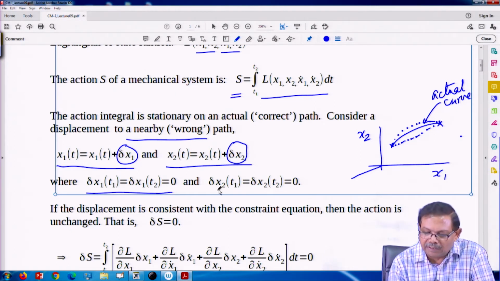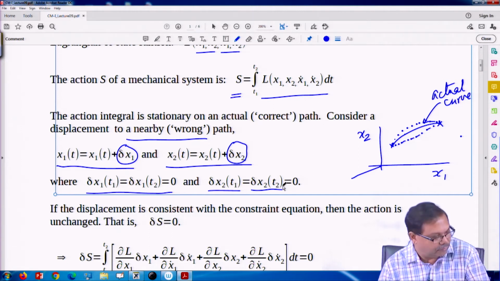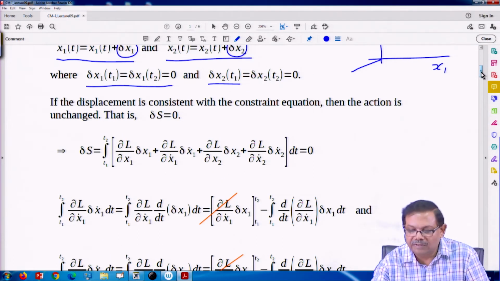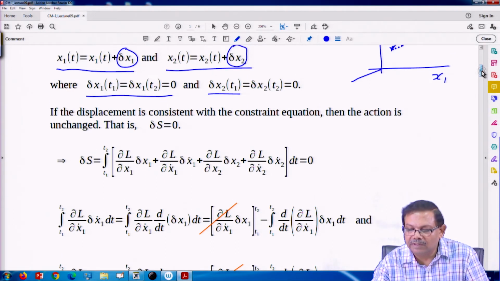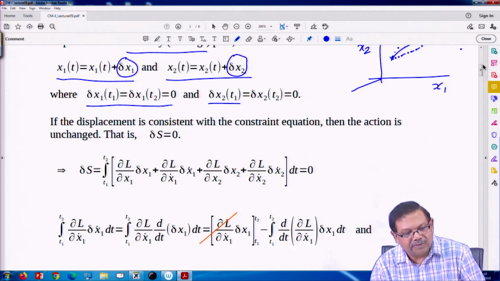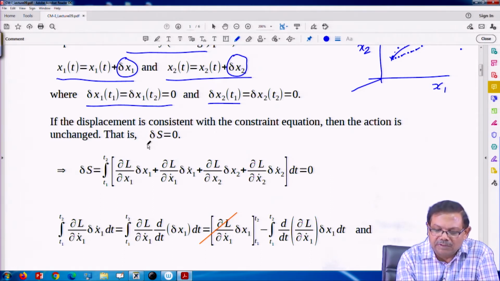Similarly, delta x 2 would also be 0 at t equal to t 1 and t equal to t 2. So, if the displacement is consistent with the constraint equation, then the action is unchanged because of this. So, the variation of action must be 0.